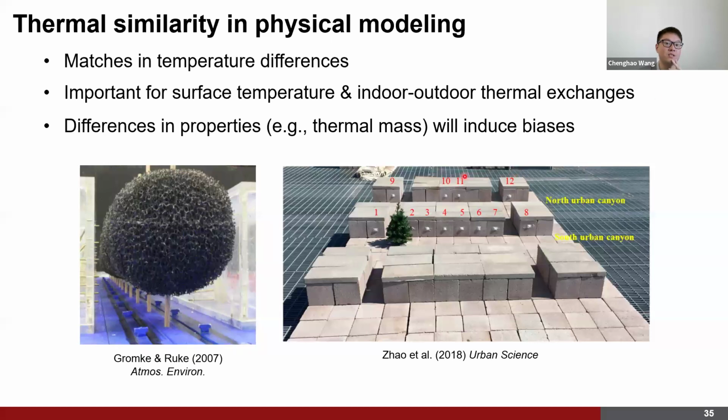For example, if you want to simulate the tree cooling effect, you cannot simply use plastic or porous materials, like this fake Christmas tree set up on a rooftop of the ASU campus, because they don't transpire. They do not represent the realistic biophysical processes associated with vegetation. Also, the size of the building materials we're using sometimes is problematic because they cannot nicely reproduce the actual thermal mass of buildings.